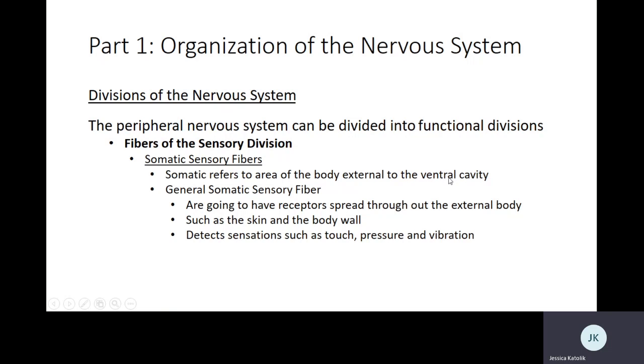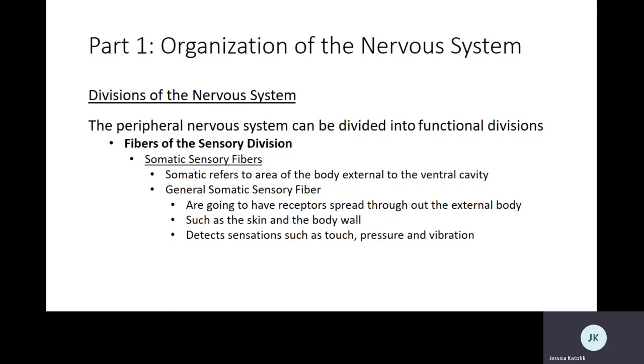We can divide somatic sensory fibers into general versus special. General somatic sensory fibers are spread throughout the body in areas such as the skin, the muscles, and the joints. So general means it's found in many locations throughout the external body.